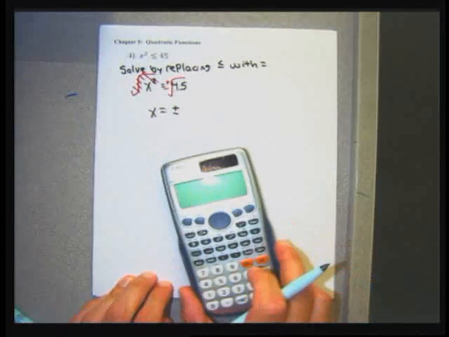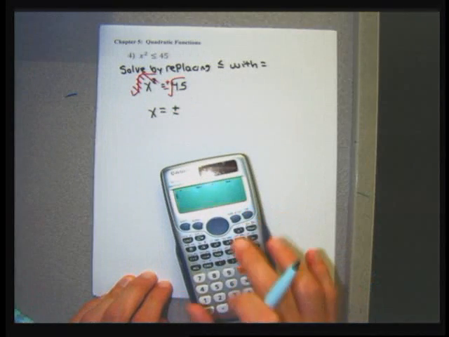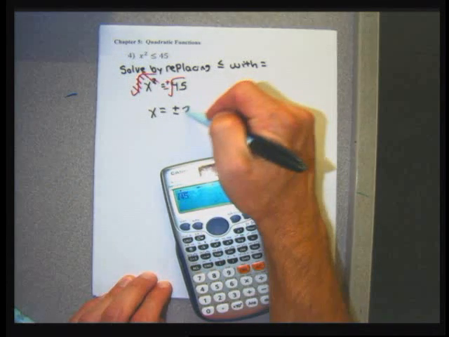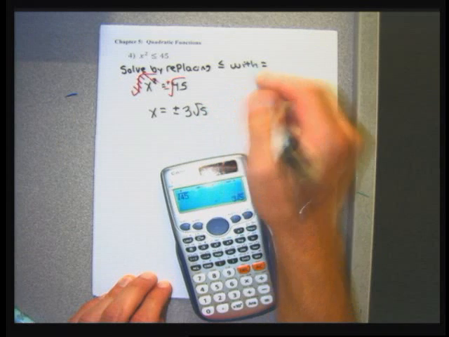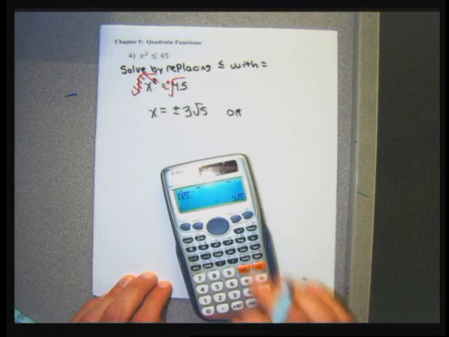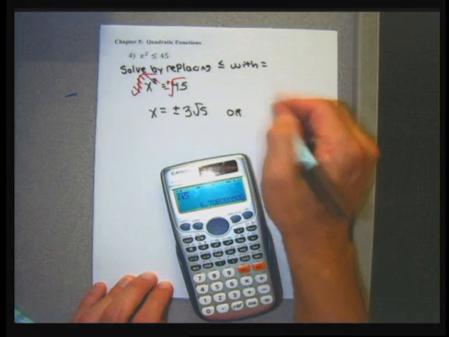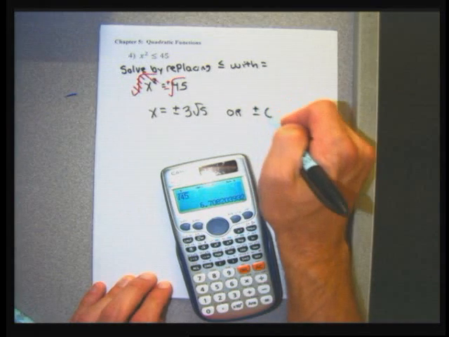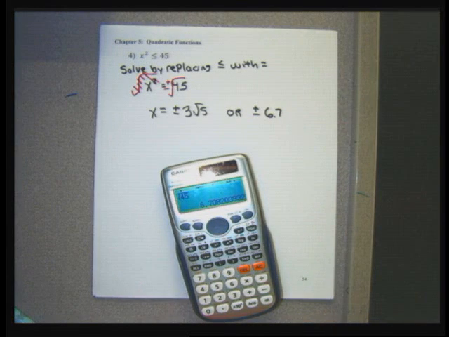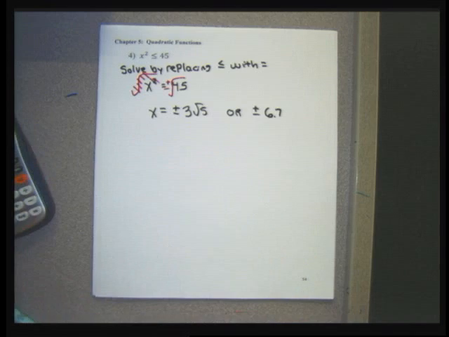So I'm going to break out my calculator and do square root of 45, and I find out that's 3 square root of 5. And right off to the side, I'm going to hit the SD key. This is plus or minus 6.7, close enough.